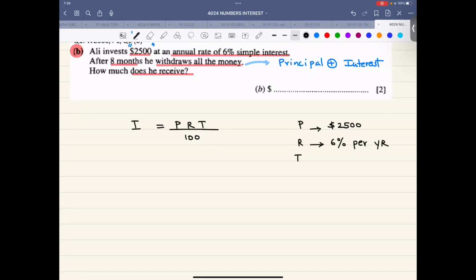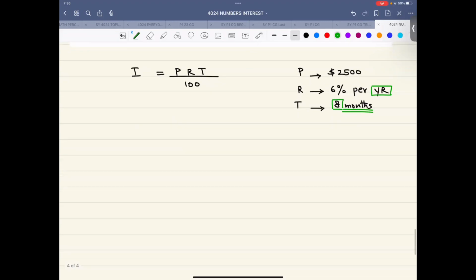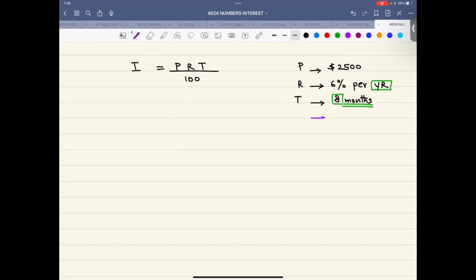And the time period is 8 months. But make sure these two values are the same. This is year, this is 8 months. That means we can convert 8 months into 8 over 12 year. 8 out of 12 months, that is a year, which is 2/3 of a year. So let's do the calculation.